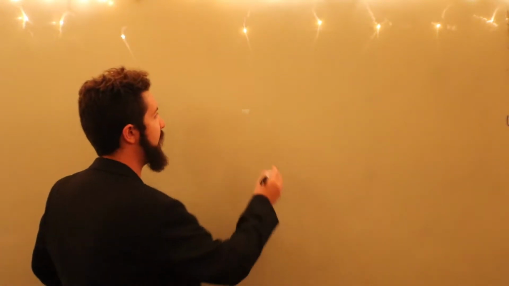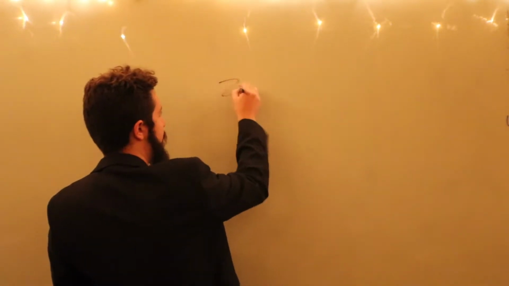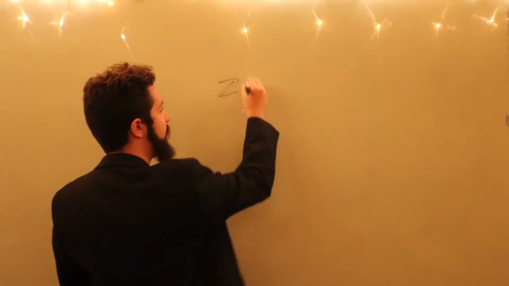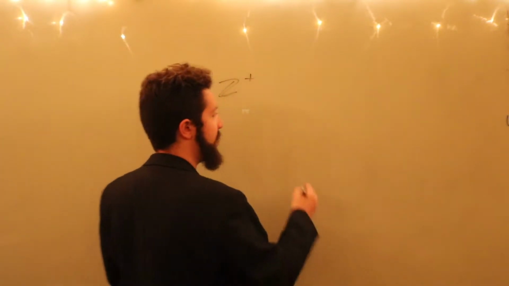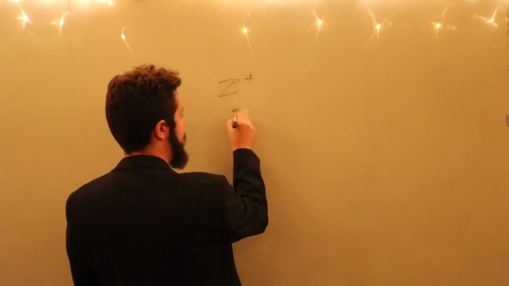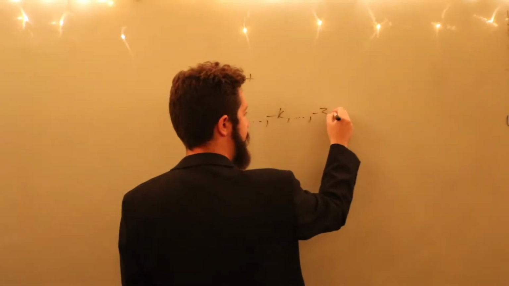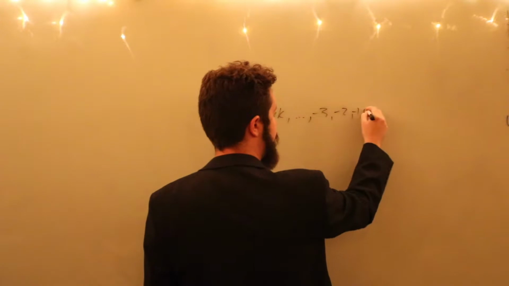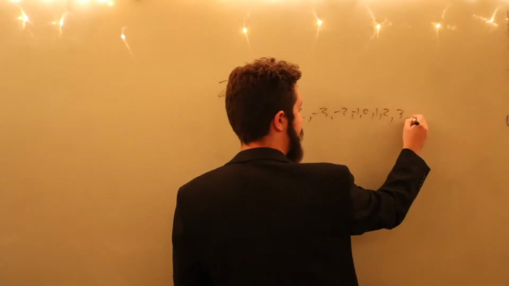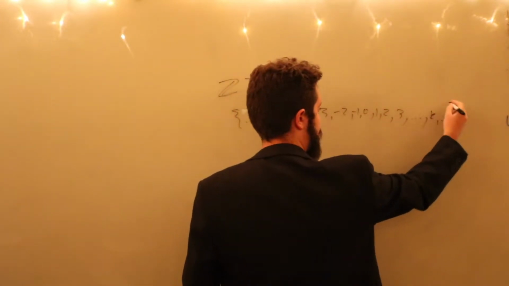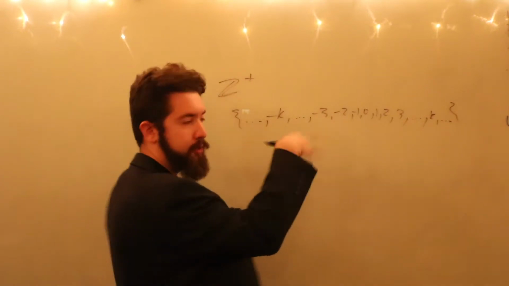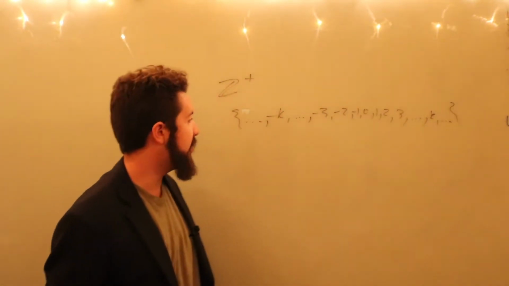All right, first off, groups which are common number systems. This is important because it generalizes our normal understanding of numbers. So, for instance, we're going to have the integers under addition. This is going to be the set of negative k, ..., negative 3, negative 2, negative 1, 0, 1, 2, 3, ..., k, etc., where k goes to infinity within the integers.